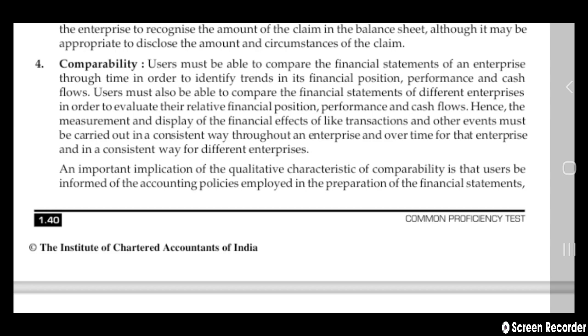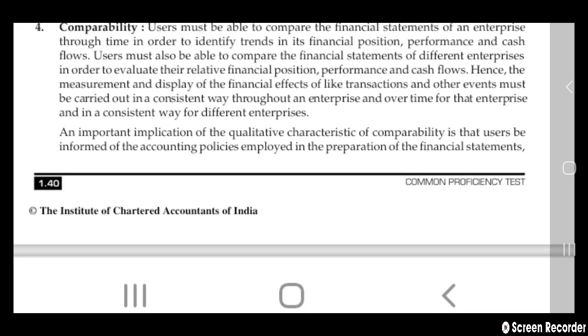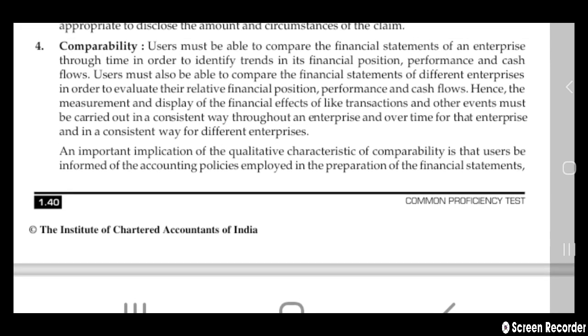Hence the measurement and display of the financial effects of like transactions and other events must be carried out consistently throughout an enterprise and over time for that enterprise, and in a consistent way across different enterprises.